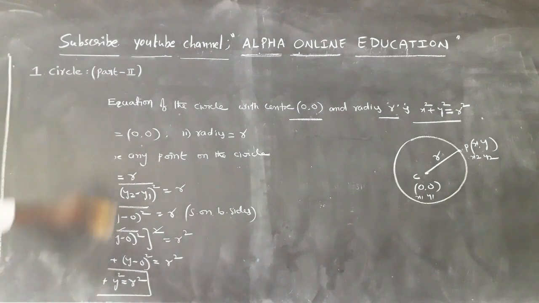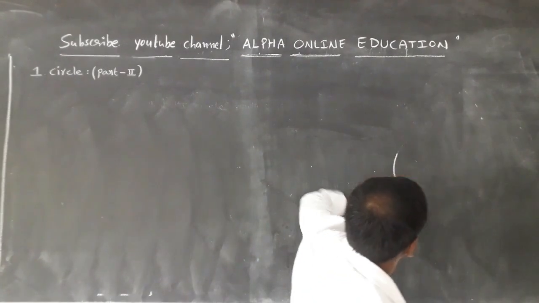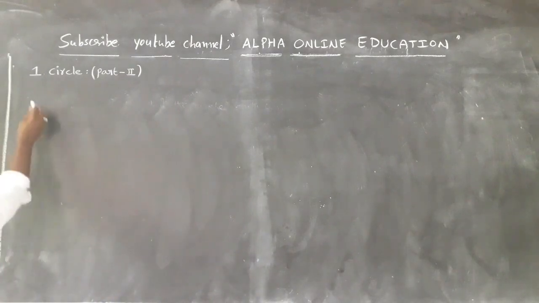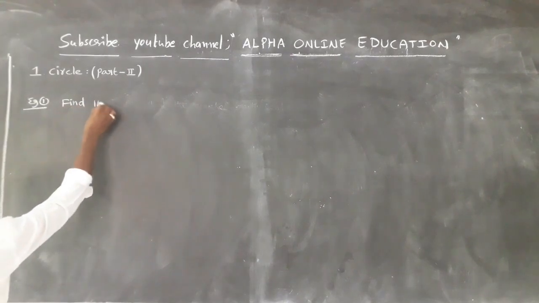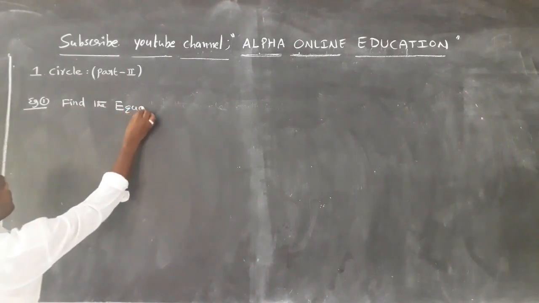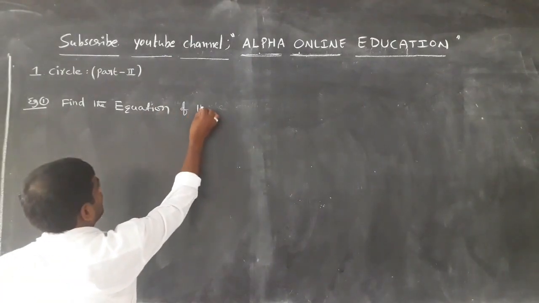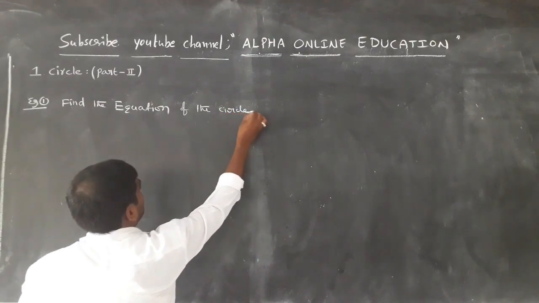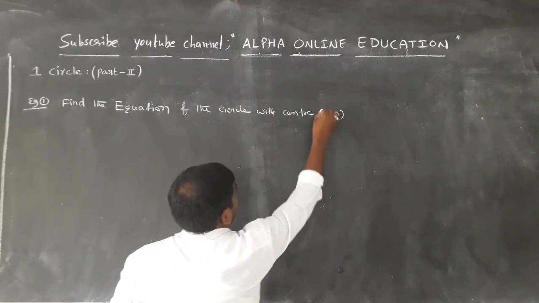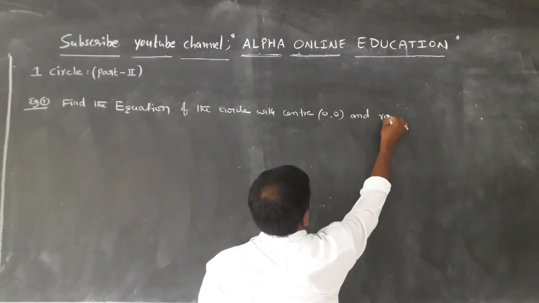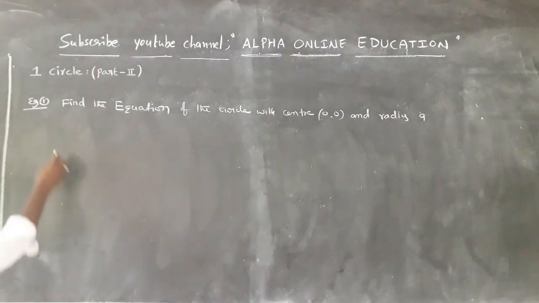One example problem. Find the equation of the circle with center (0, 0) and radius 9.